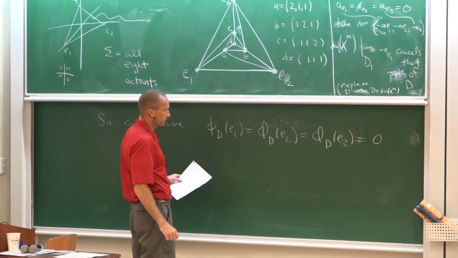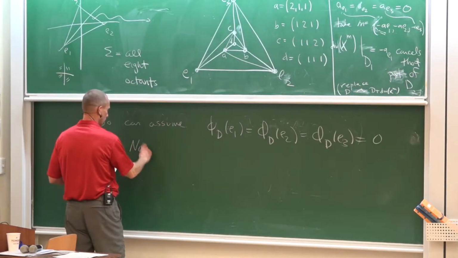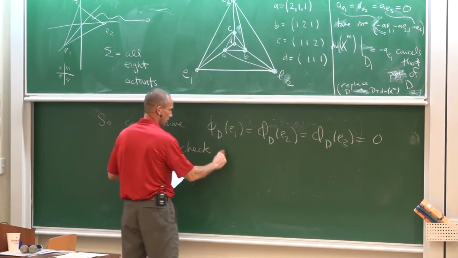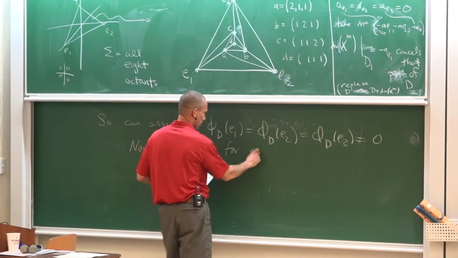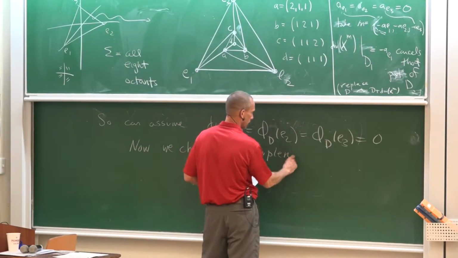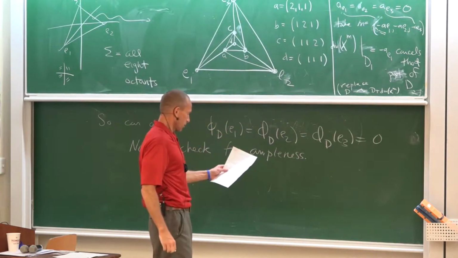So now what we want to do is check our ampleness criteria. So what do I know?